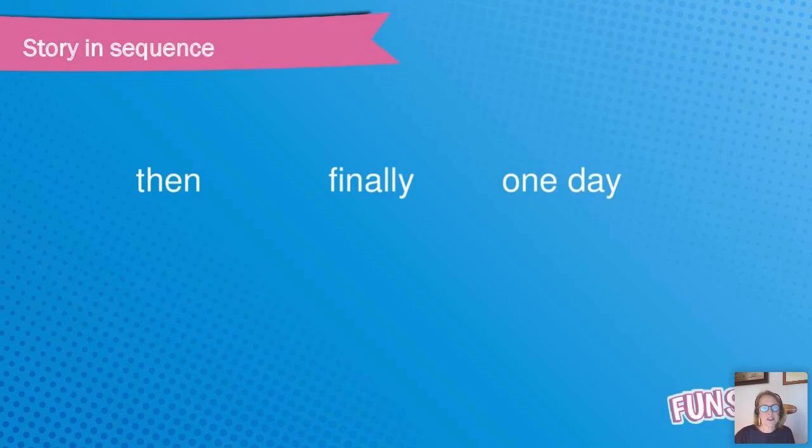Where do these words appear in a text, and which ones come first? First would be one day. And these, what are these words? Where do these words appear in a text? Maybe at the beginning of a sentence or the beginning of a paragraph.